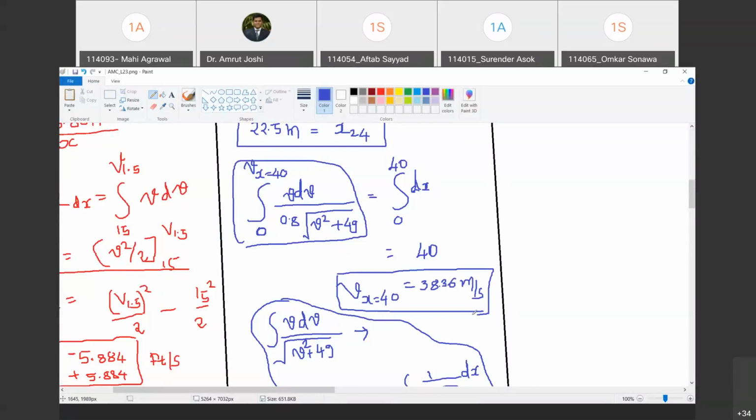So integration 0 to v of alpha x divided by 0.8 divided by square root of, in bracket, alpha x square plus 49, bracket complete, this dx, alpha equal to 40.